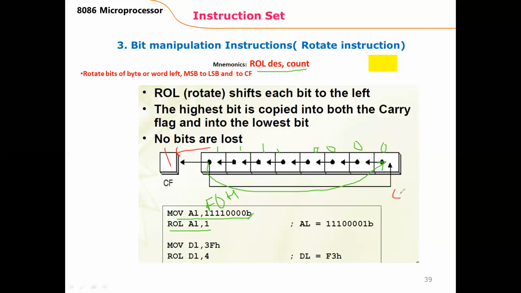It will become 1. Flags are affected in these instructions. Carry flag is the most important flag. Now this bit will become this. One bit left we are performing like this, and this one will go to fill this position.